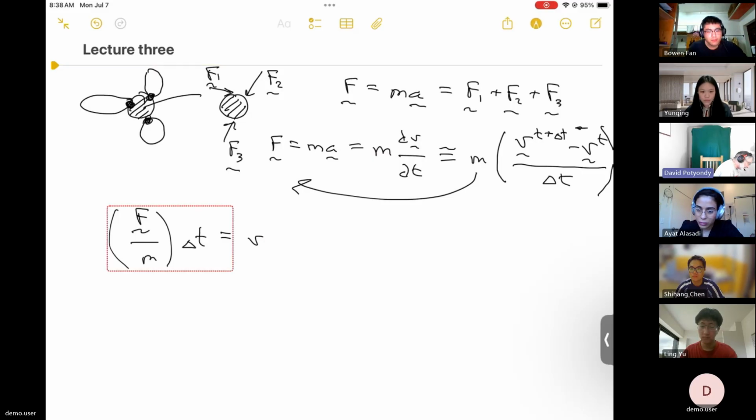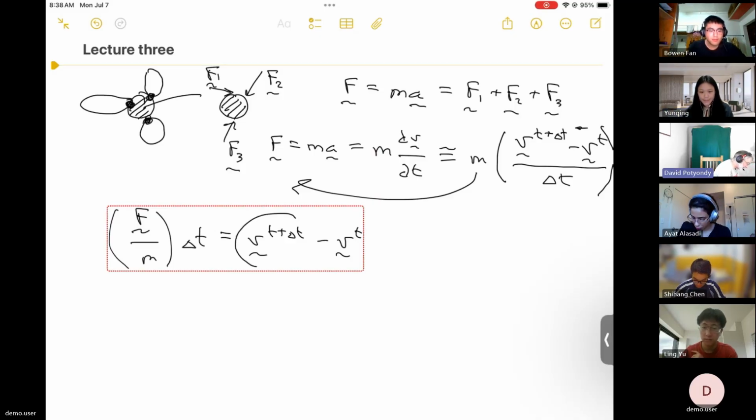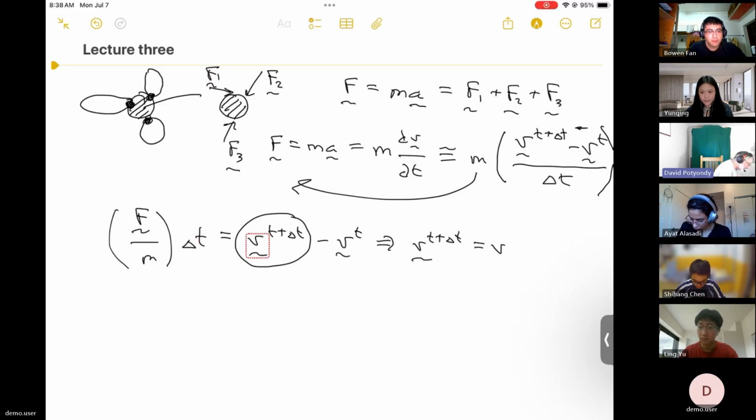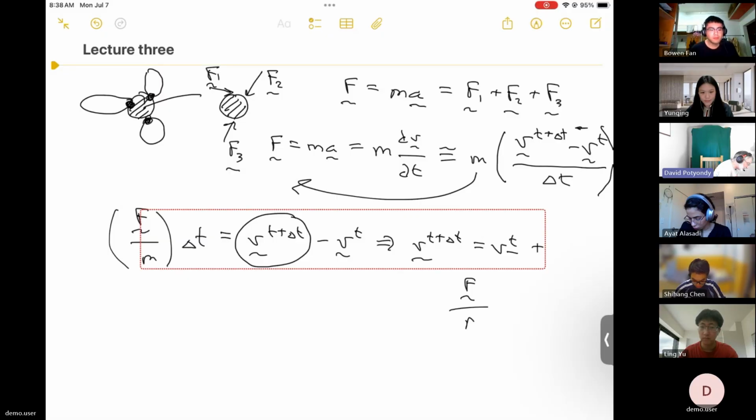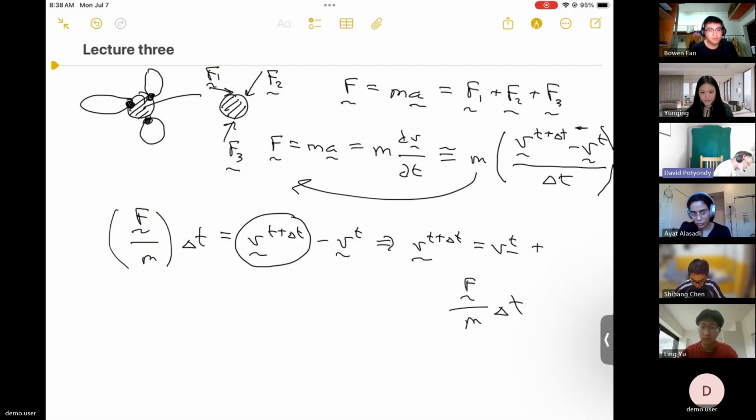Now I've got v at t plus delta t minus v at t. We've got all the ingredients. This is the one we're trying to get, so we can just solve for it by rearranging terms. This is the new velocity. It's equal to the old velocity plus, here's the key thing, force over mass times delta t.